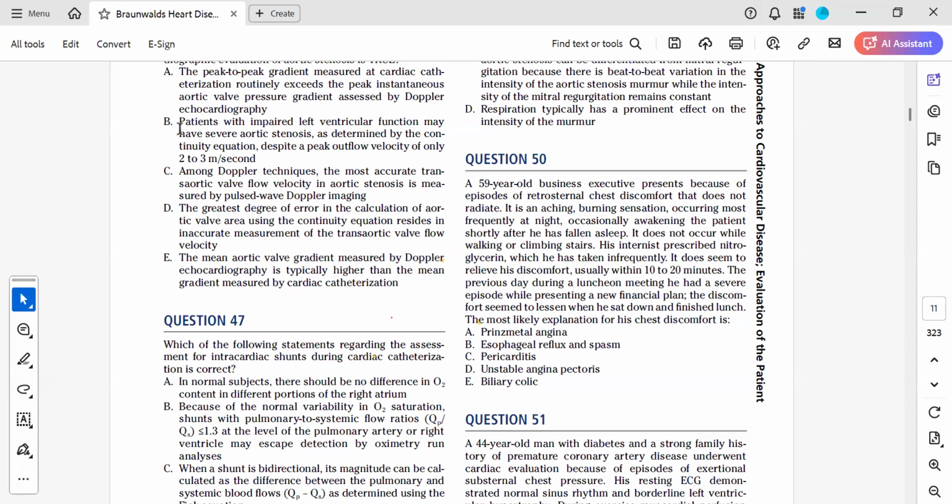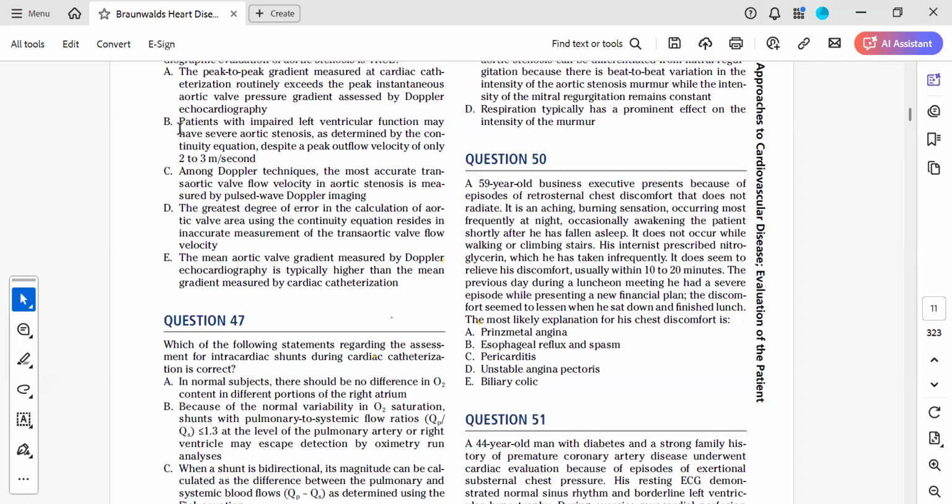Yes. So usually once the QPQS is more than 1.5, then it becomes significant. So you should actually start considering surgical intervention.